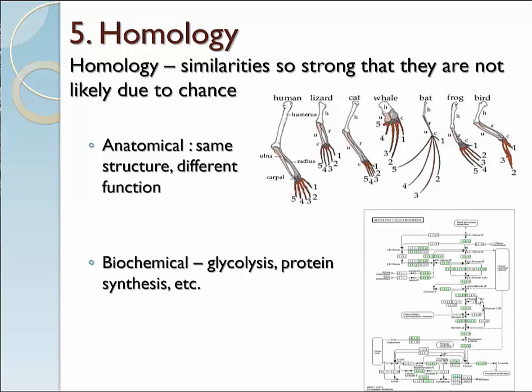If you look at the biochemical pathway of glycolysis, it's highly complex. Again, the best scientific explanation for why all living organisms share the same biochemical pathways is evolution. It's not likely that every living creature on Earth, by chance, has the same biochemical pathway for glycolysis. A much better explanation scientifically is evolution.